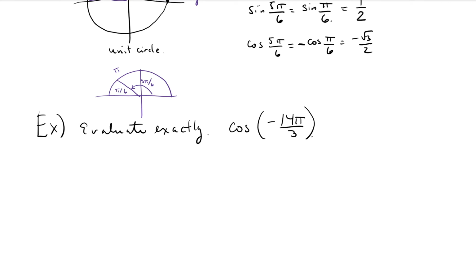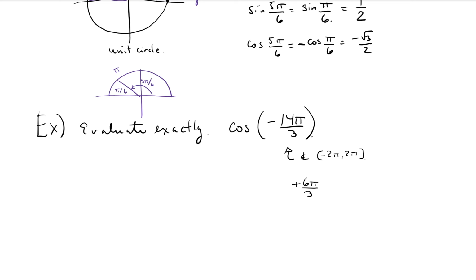So first thing is minus 14 pi over 3. This is not part of the interval minus 2 pi, 2 pi. So the first thing I'm going to do is find a coterminal angle. I'm going to remove some rotations from that angle.